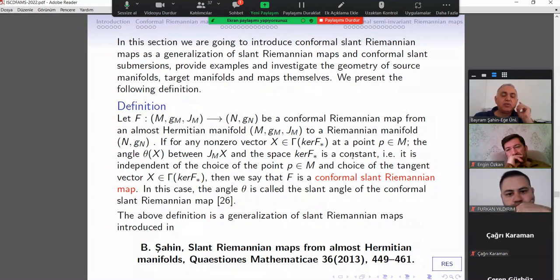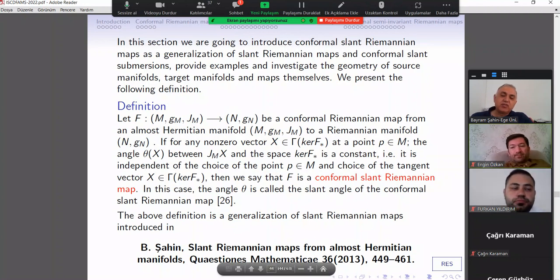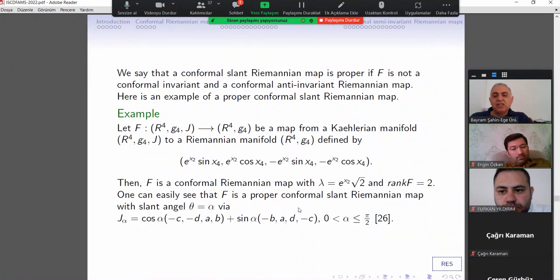I also need to emphasize that there is no inclusion relation between the conformal slant Riemannian map and the conformal semi-invariant Riemannian map. These are separate notions. This conformal slant Riemannian map is also a generalization of the slant Riemannian map given in 2013. By using this, we have some examples.